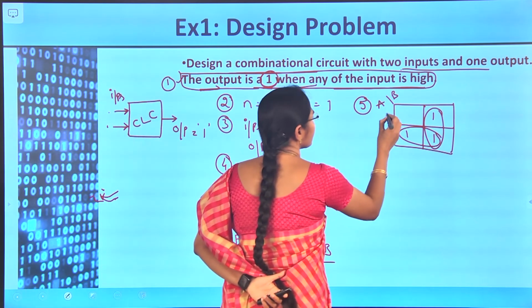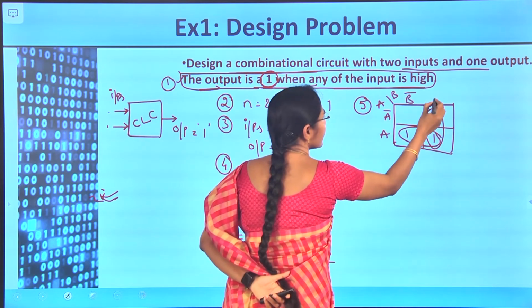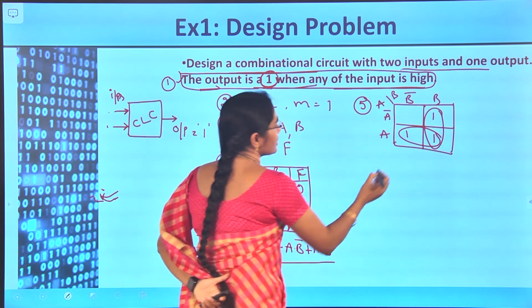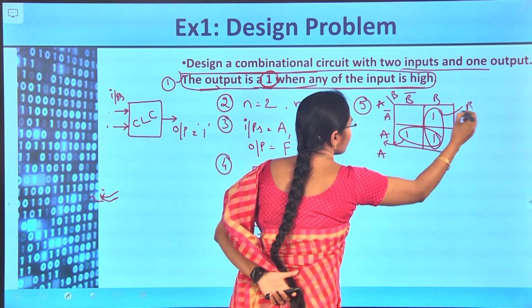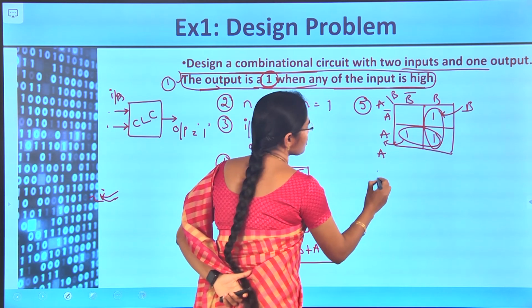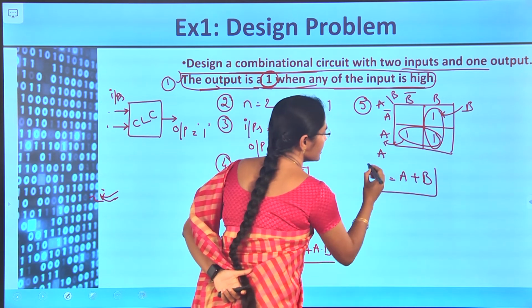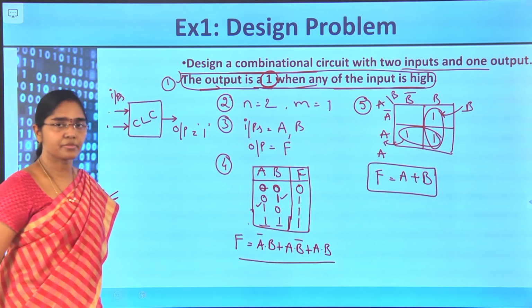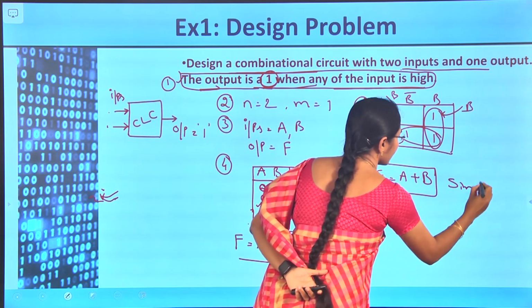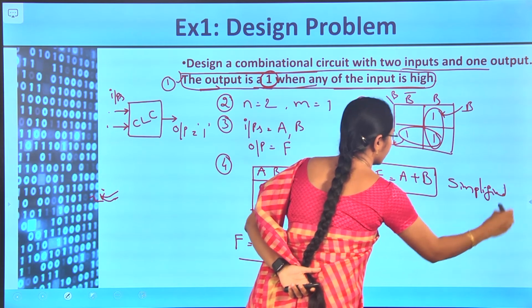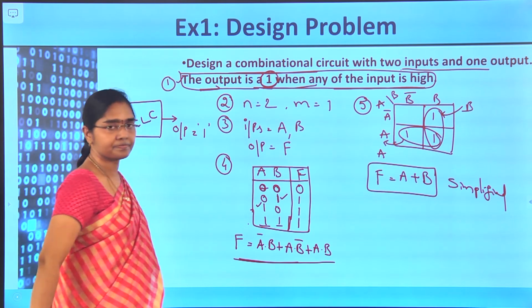The simplified expression is A for the second pair and B for the first pair, since B is common. So, F can be written simply as A plus B. This is the simplified expression for the F which we have written in step 4.